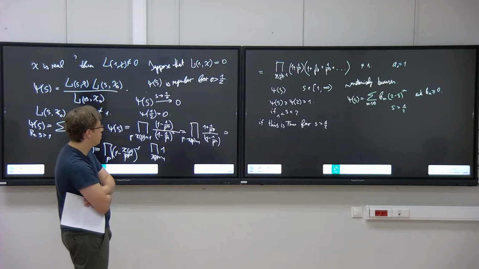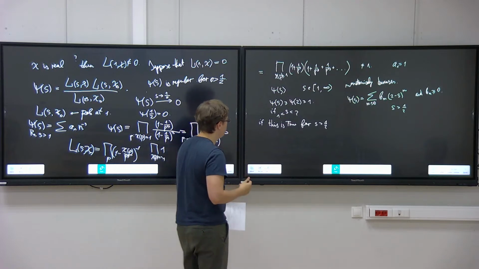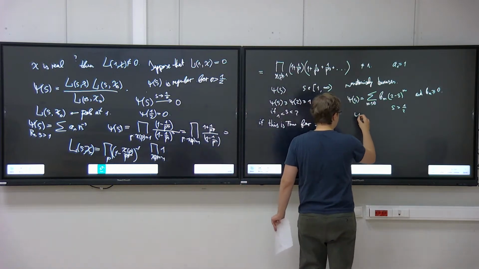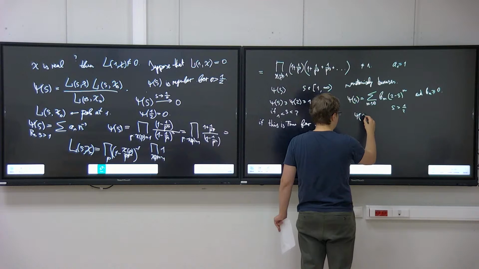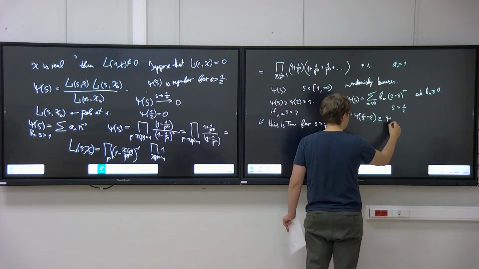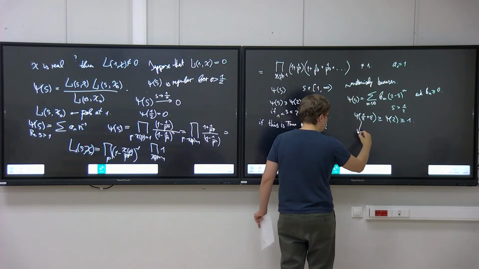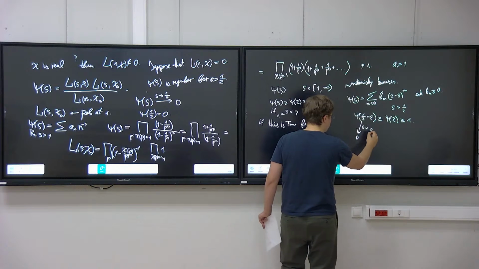То есть противоречие чего с чем? Что мы получим? Что пси от 1/2 плюс эпсилон больше, чем пси от двойки, а это больше либо равно единице. А с другой стороны, это стремится к нулю при эпсилон, стремящемся к нулю.